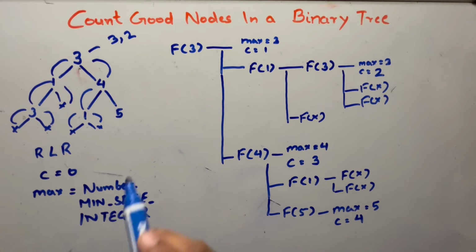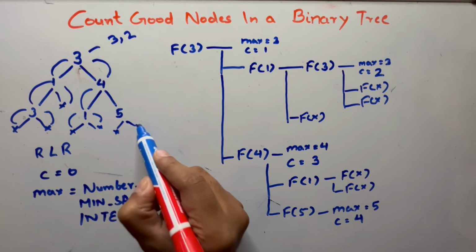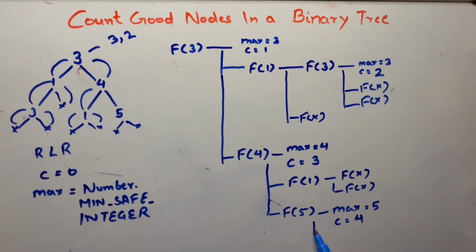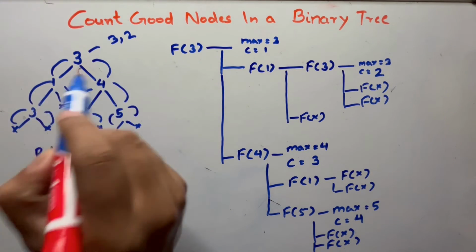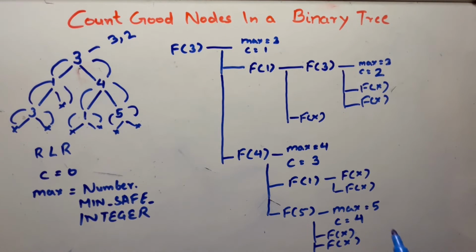Cool. And friends, it will again go for its left and right, but as we know, its left is also null and its right is also null.